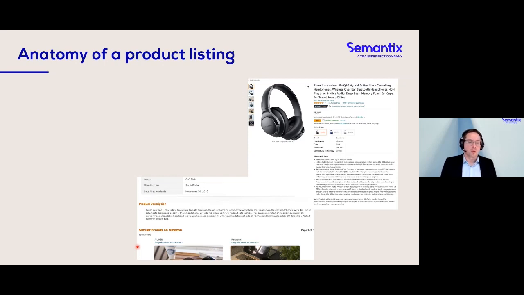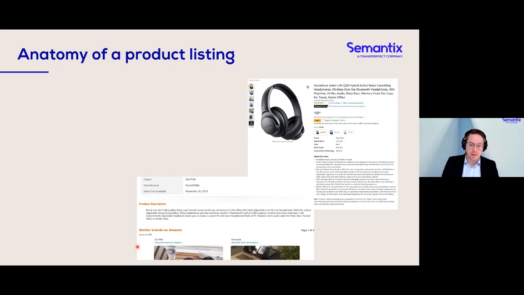So within a product listing, there are 4 major areas that we need to focus on, where your keywords and other areas can be optimized to improve your listing. There is a hierarchy, which I'll be going through, and this hierarchy is based on what Amazon sees as important, but also what people are viewing as they come into the product when they've landed on your page.